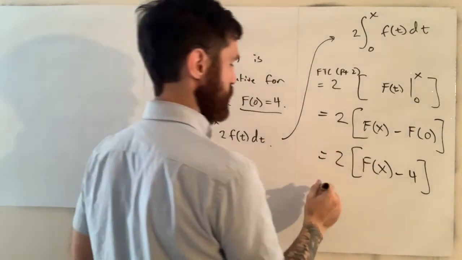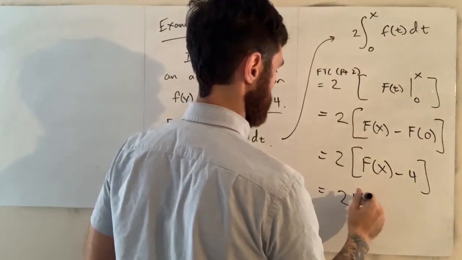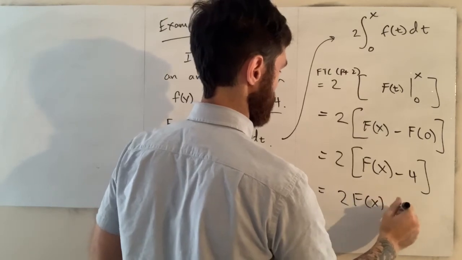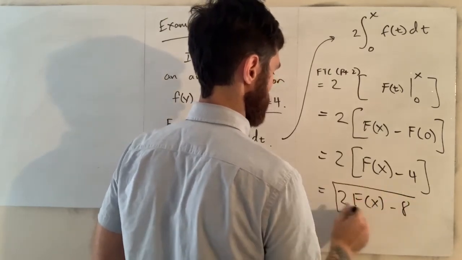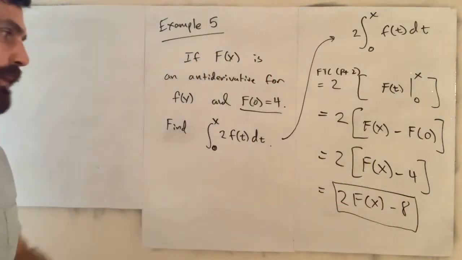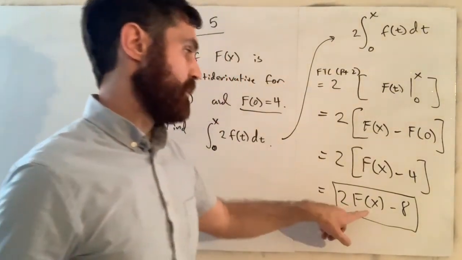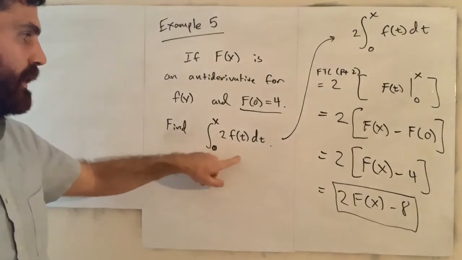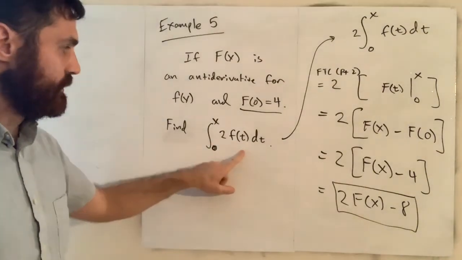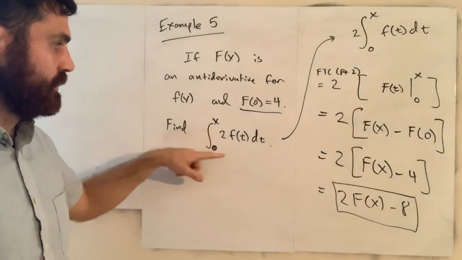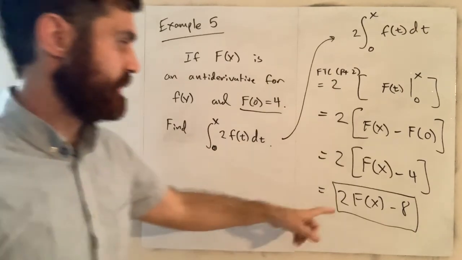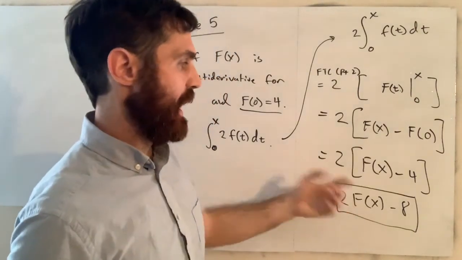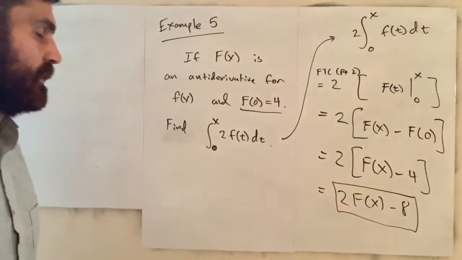And now I just distribute the 2. And so my answer in the end is 2 times big F minus 8. And that is what this function is equal to. It's equal to 2 times whatever big F is minus 8.